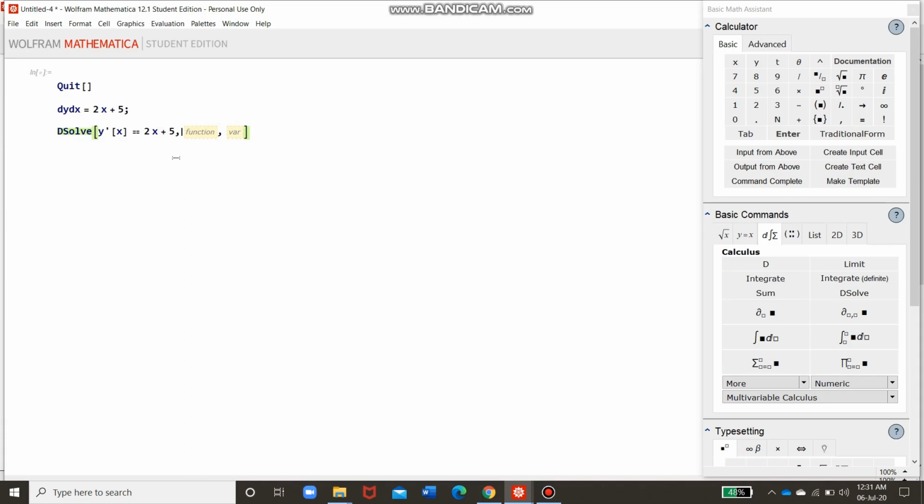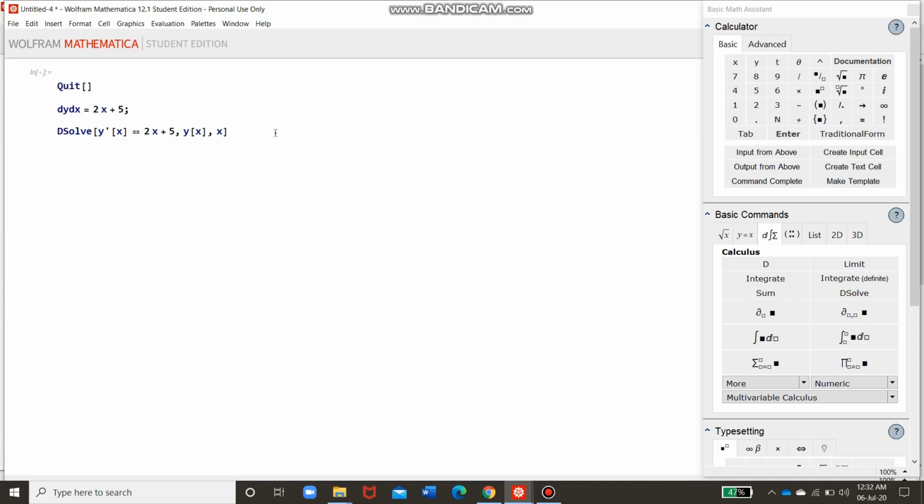What is your function here? What you want to get is y of x, with respect to x. Basically, how do we solve a differential equation? You do the integration, and that's how you solve it.